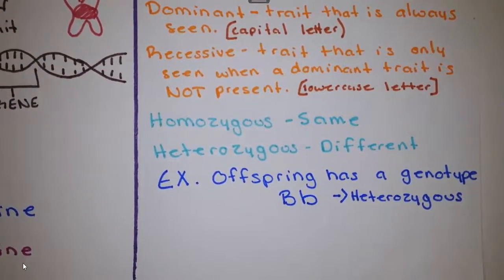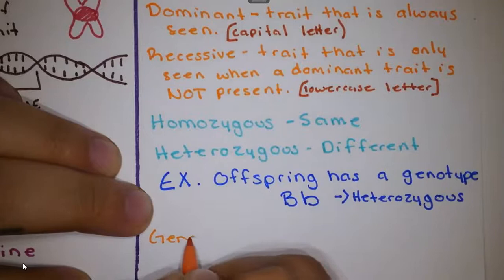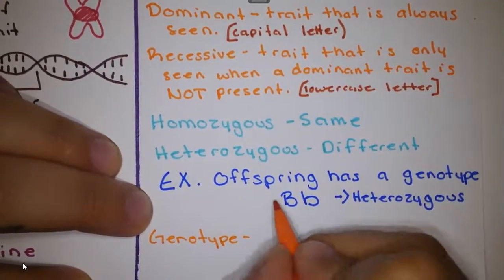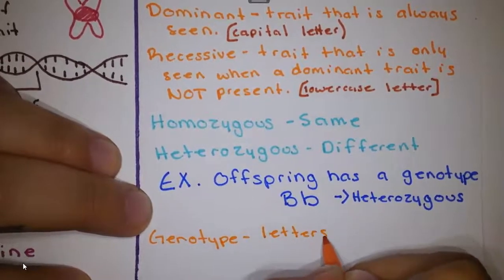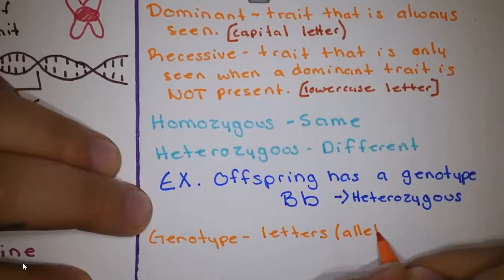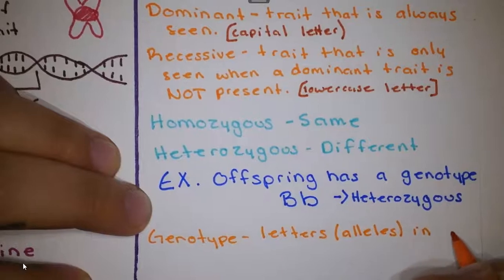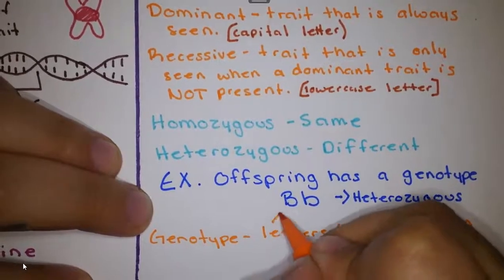Now, the last word, and I mentioned it right now, is your genotype. And that is going to be basically these letters, which are called alleles, in DNA. Okay, so we're talking about these letters right here.